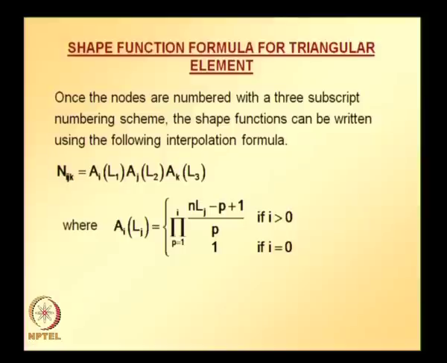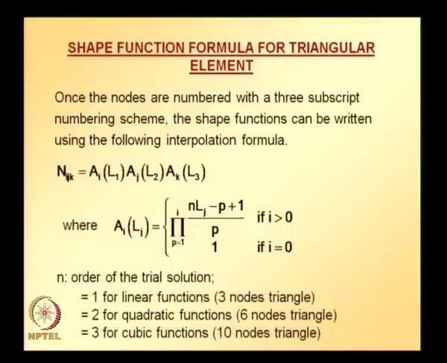P goes from 1 to i, depending on the value of the subscript for Ai, and n is the order of the trial solution. It depends on what noded element you are looking for.